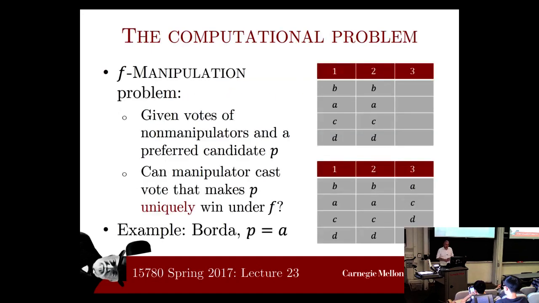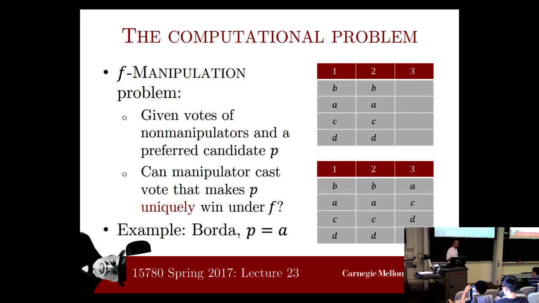Okay, so in order to talk about computational complexity, we need to define the manipulation problem formally. So the manipulation problem, let's call it F manipulation, which is the problem of manipulating the voting rule F. So it's specific to a voting rule. And it's defined as follows. We take the point of view of a manipulator who's trying to get some outcome for the election.